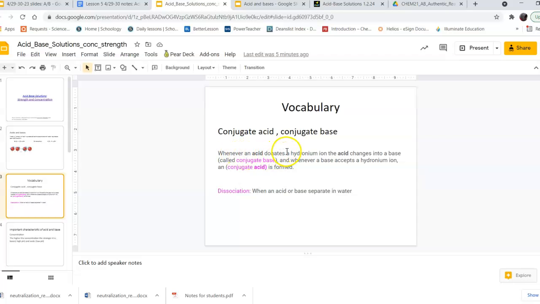So whenever an acid donates or generates a hydronium ion, the acid changes into a base, and it's called a conjugate base. Okay, and whenever a base accepts a hydronium ion, it becomes a conjugate acid. Okay, so you're going to hear that term quite often.